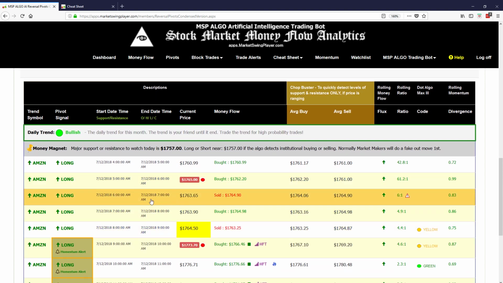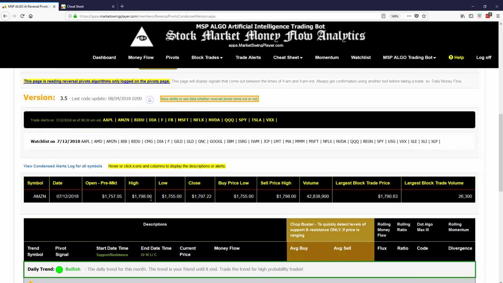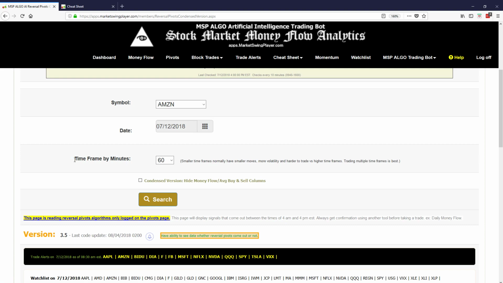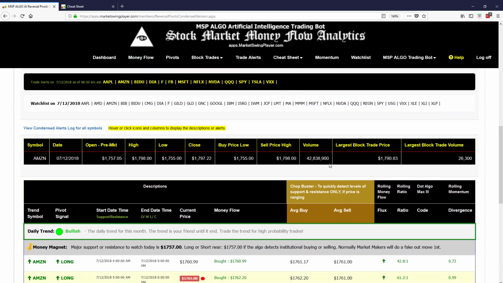And I don't really have any scalp alert signals. I'm looking at the 60-minute time frame, which is the default, symbol Amazon, and we can see it's July the 12th.